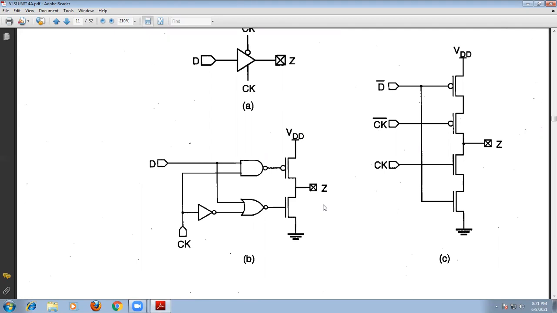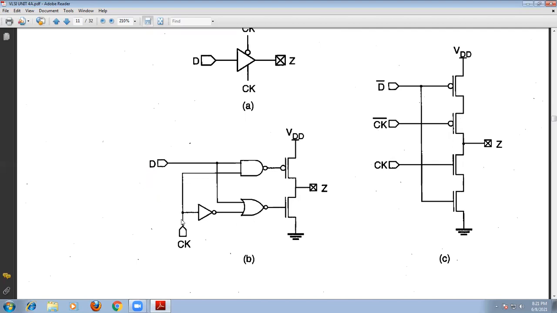How many transistors are required to implement this logic?